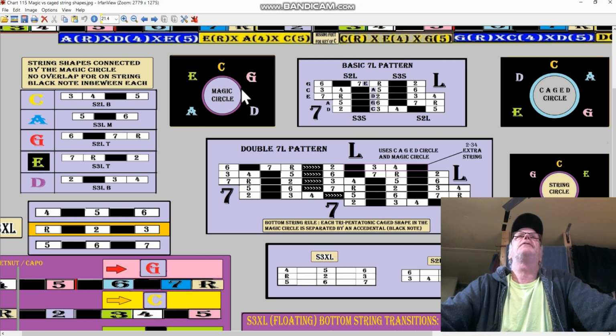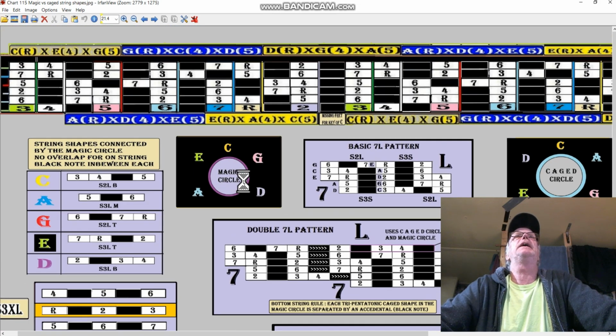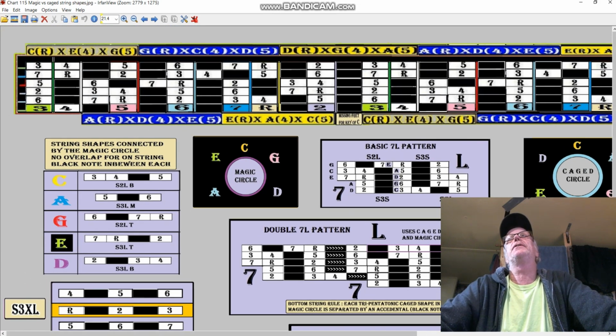And these notes have to do with, in any particular cage, I'll just mention this on the side here. Let's look at C, for instance. The C cage there. Right, that's what I'm talking about. In this cage, there's an outer, the C shape. The C shape is basically an S2L. S2L right there. You know what an S2L is, right? We don't have to look too far for an S2L.